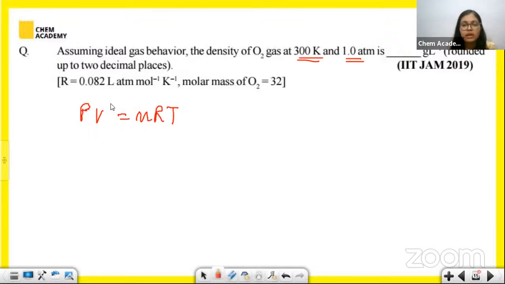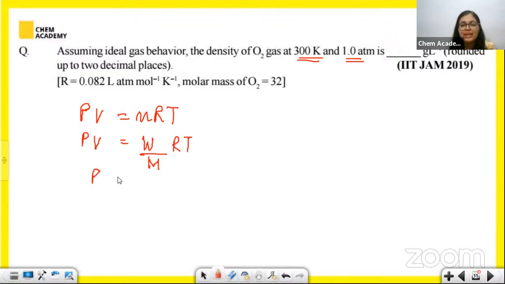So from here, we can write PV equals nRT, where n is the number of moles. We know that we can write the number of moles as given weight upon molecular weight, into R into T. All right.